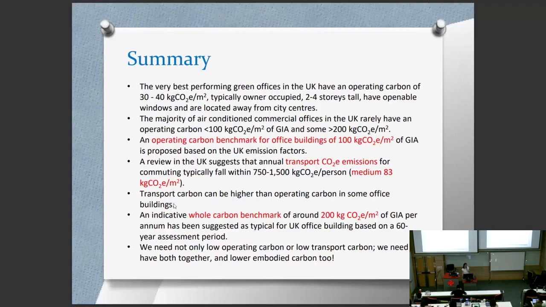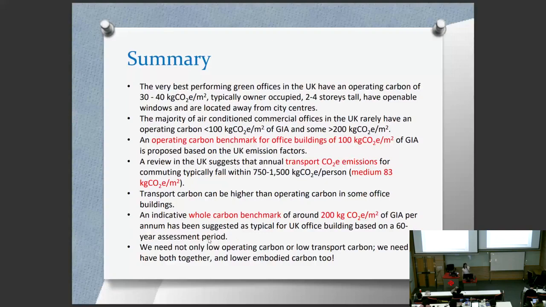The transport carbon can be higher than the operating carbon in some office buildings, like those far away from the city center. And the whole carbon footprint benchmark is proposed to be 200 kg carbon dioxide equivalent per square meter, based on a lifetime of 60 years.